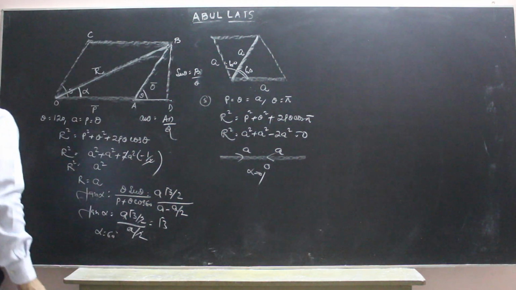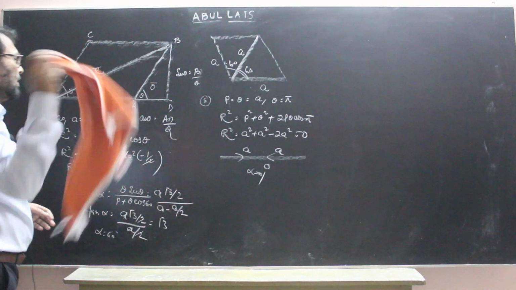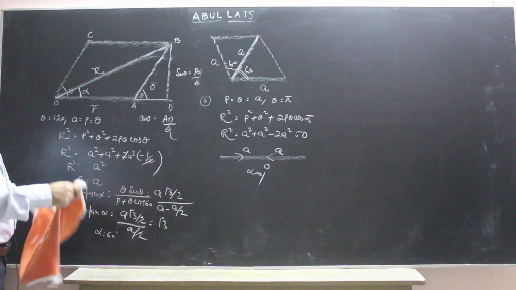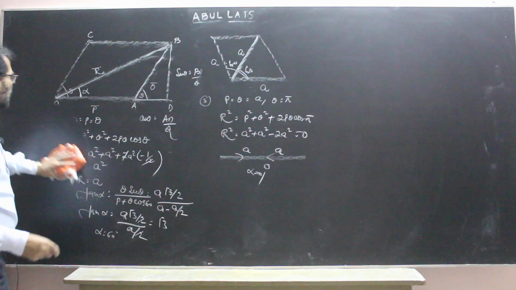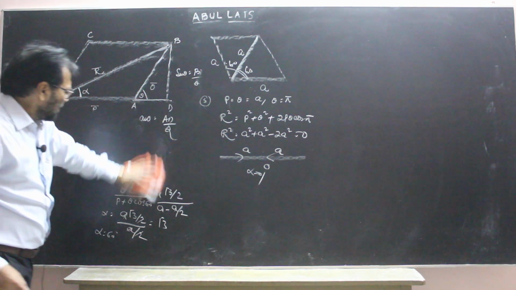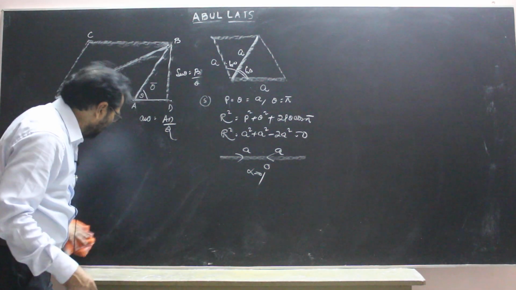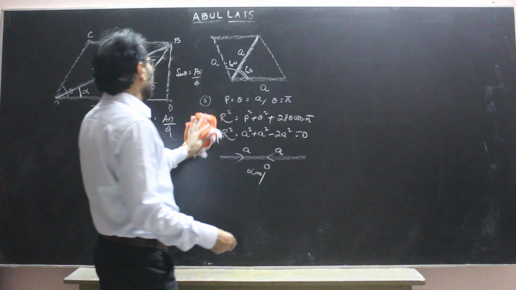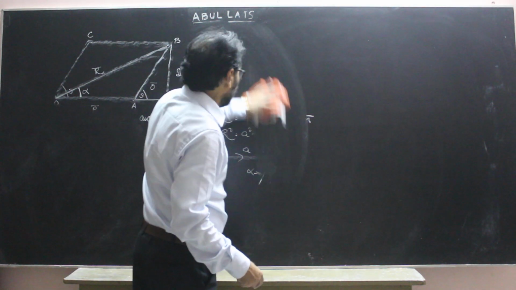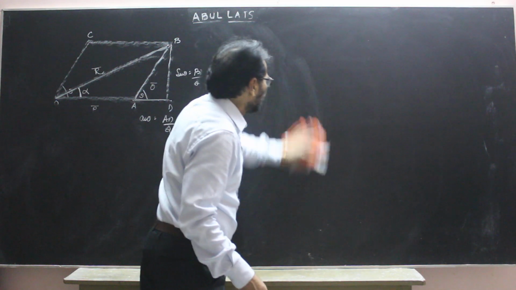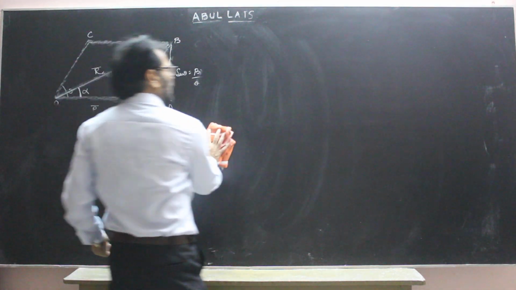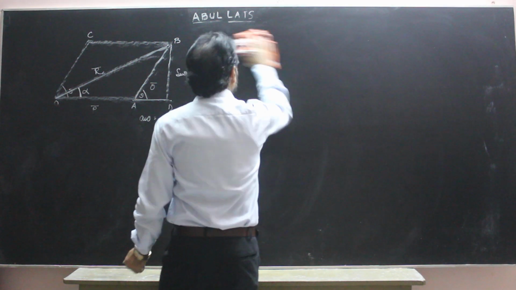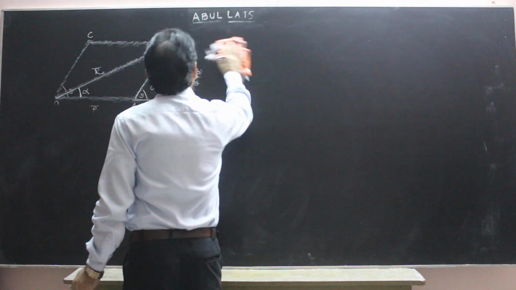So we have calculated that if two equal vectors are added at 0 degrees, the resultant is maximum, equal to 2A. If they are added at 60 degrees, the resultant is A root 3, and it is equally inclined to both the constituent vectors.